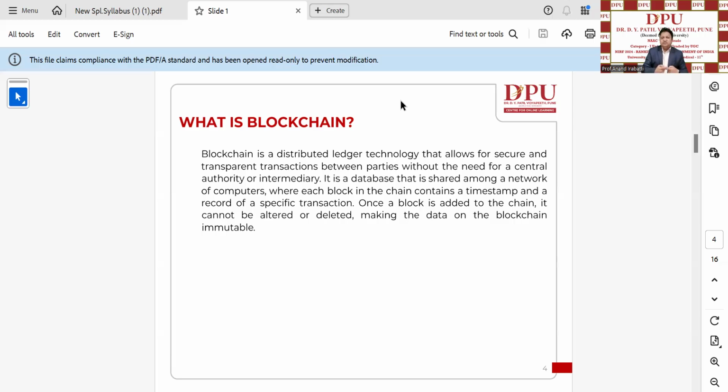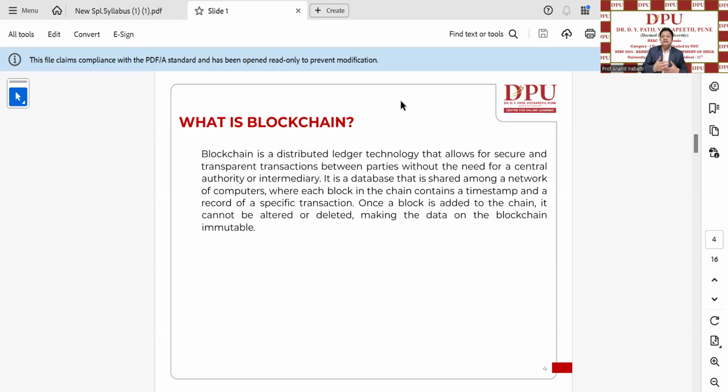But if you see the definition of blockchain technology, a blockchain is a distributed ledger which allows the peers to transact in a peer-to-peer manner without requiring a third person or a central authority. So basically, it's a decentralized database.